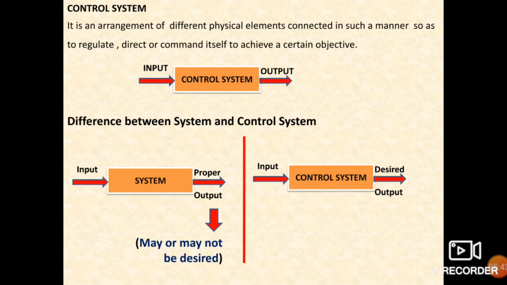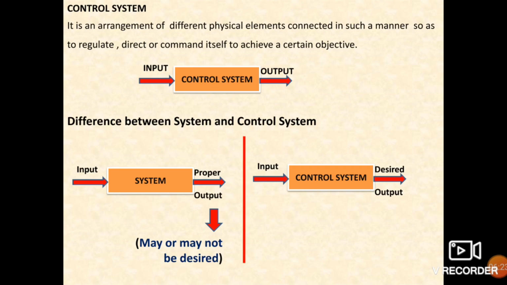That's why I'm saying a control system is an arrangement of different physical elements connected in a manner to regulate, direct or command itself to achieve a certain objective. Certain objective means each and every system has its own purpose. To meet that purpose of the system, the input will be regulated to produce the output. Okay, so for a control system also, we'll be giving an input to obtain an output to meet the certain objective. Okay, so this is what a control system is.